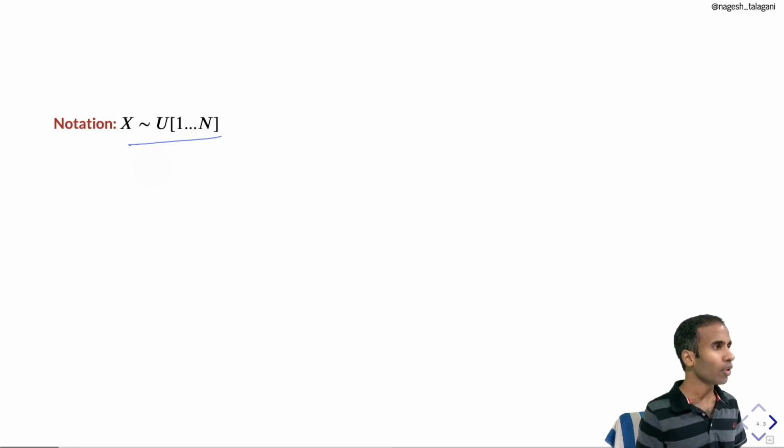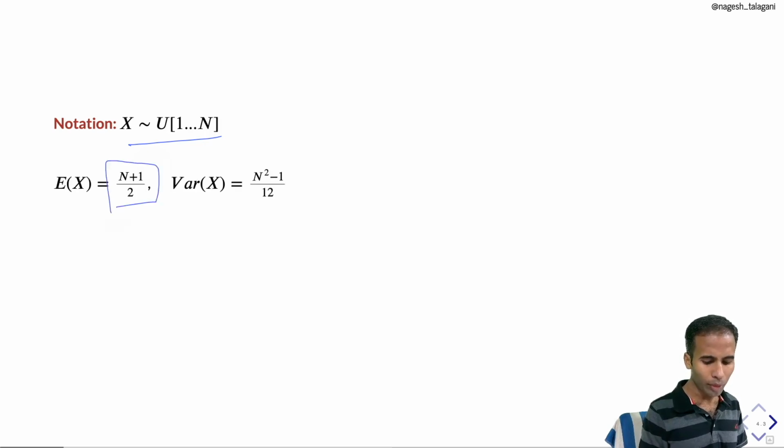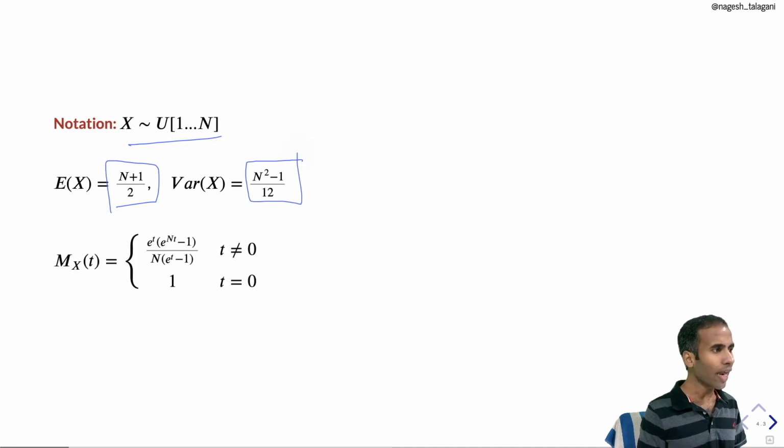So for this distribution, the expectation of X is (n plus 1) by 2 and the variance of X is (n square minus 1) by 12, and the MGF M_X(t), for t non-zero, is (e^(nt) minus 1) by n times (e^t minus 1). For t equal to 0, obviously it will be 1. This knowledge we have from assignment 3.